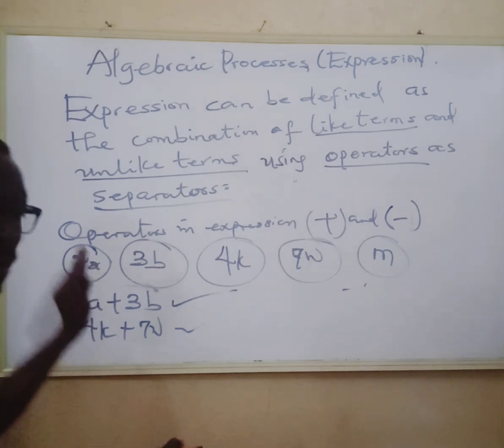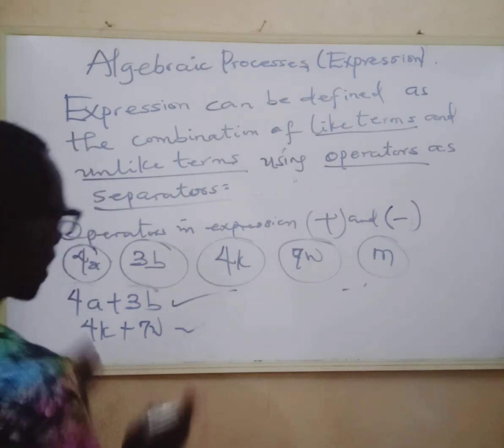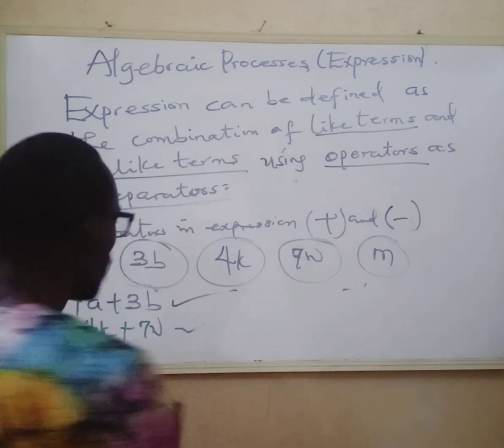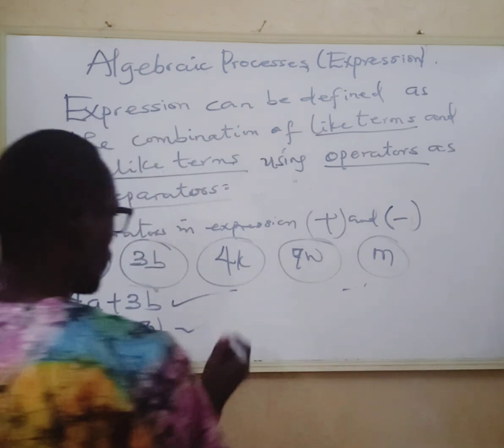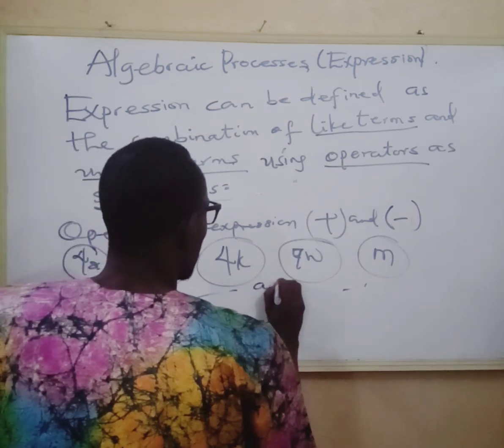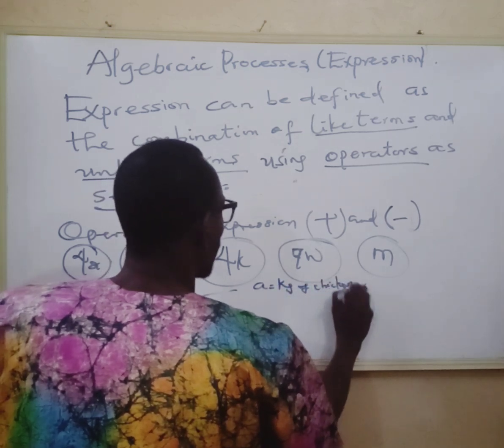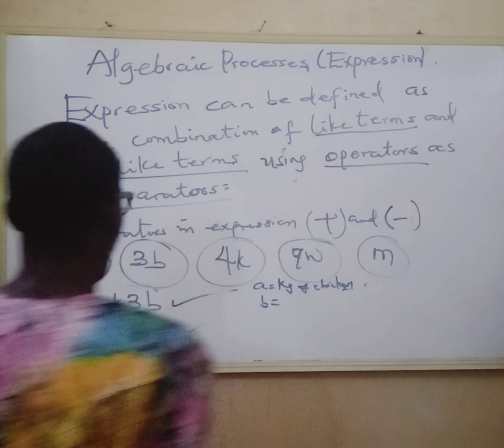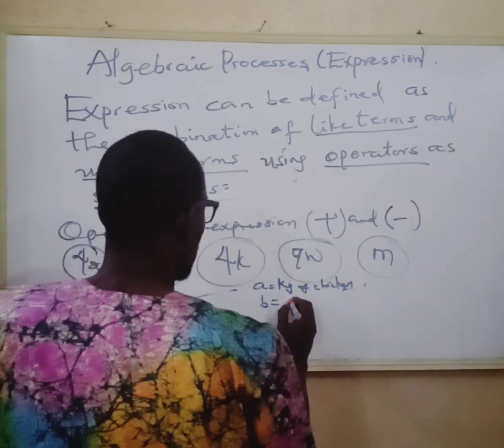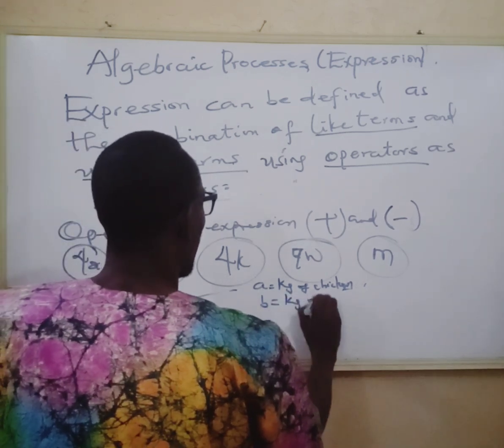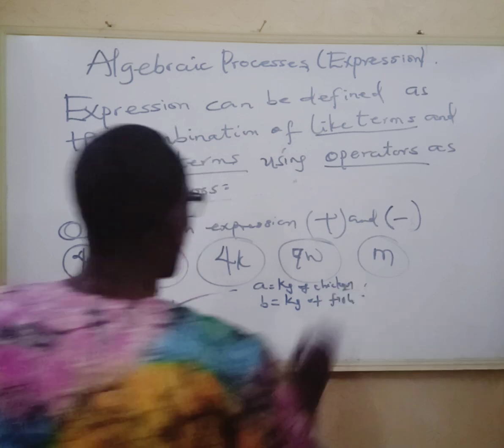This is the practical and the abstract nature. Comparing these with a concrete aspect, let's assume A happens to be kilogram of chicken. Another one, the B happens to be kilogram of fish.